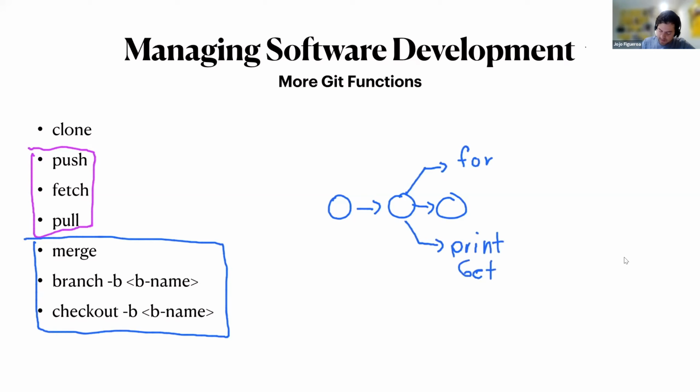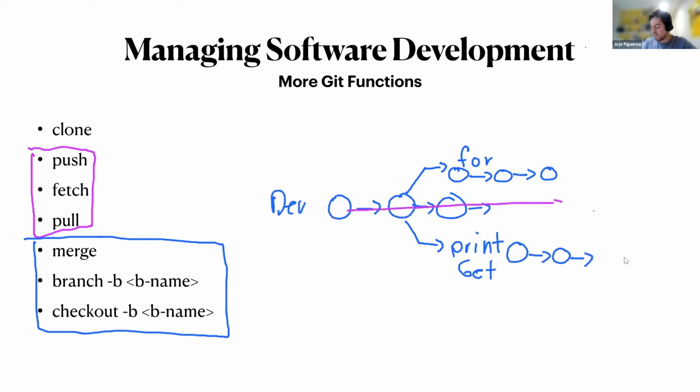So with branches, you can say, okay, some person is going to be working specifically on developing a for loop, and another person is going to be doing a development specifically for print. And the main repository or the main branch will still be in the middle in here.